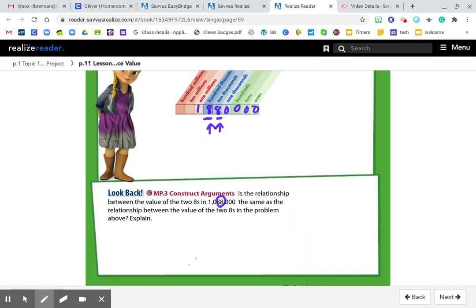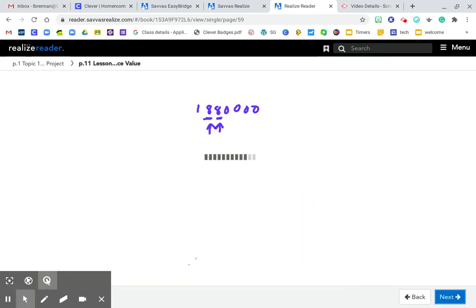And in this problem here, is it the same relationship? One value is 10 times larger than the other value, so you can say that's the same, but they actually do not have the same value. So that's important.